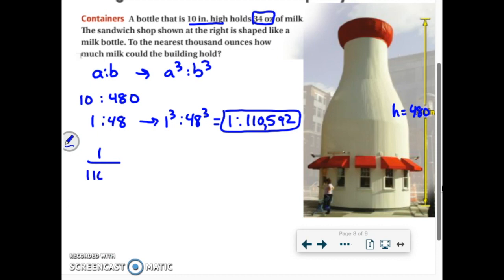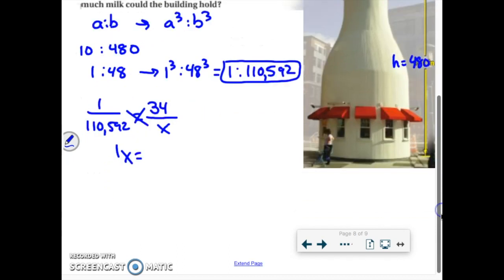So 1 over 110,592 is equal to the capacity of the milk bottle, which is 34, over the capacity of the building, which is what I want. So I can cross multiply. So x, 1 times x, will equal 34 times 110,592.